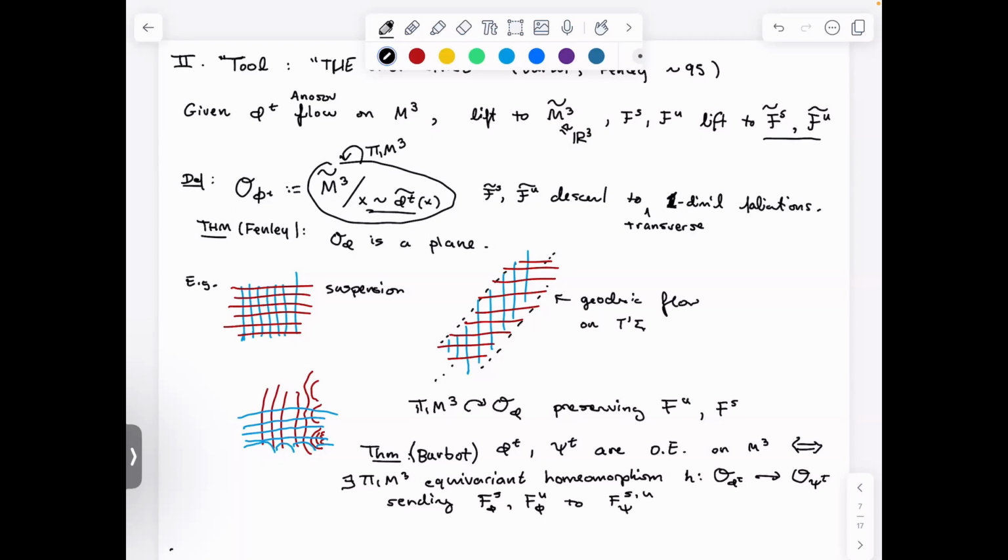The way I've said it, hidden in the word equivariant, is that I have to think about the action of pi1 M3, which might be twisted by some automorphism of pi1 M3 if my orbit equivalence is not isotopic to the identity, right? So you have to throw that in there. But if you want to just relax, say we're trying to understand the orbit equivalence up to things isotopic to the identity, then you just conjugate the two pictures.